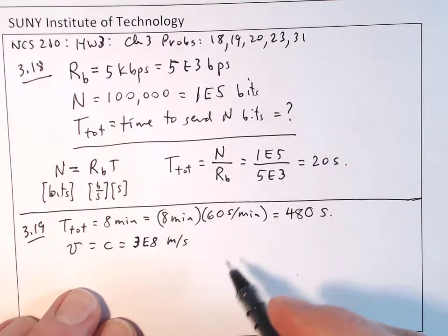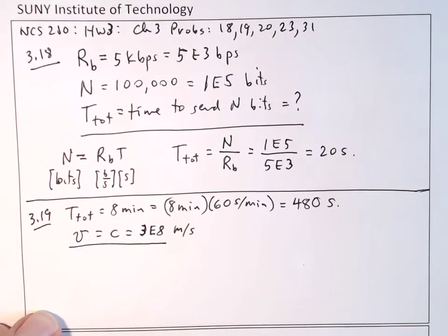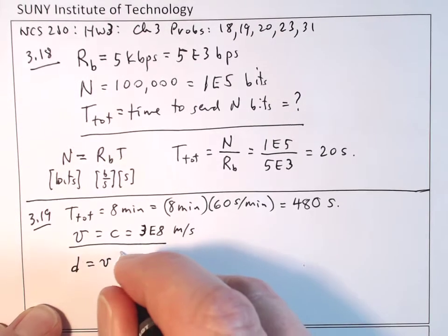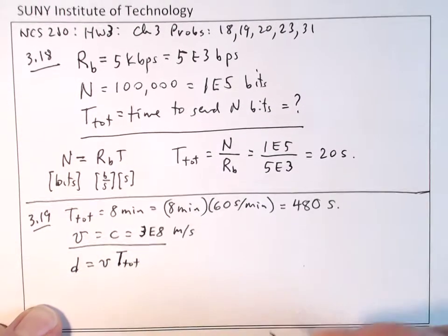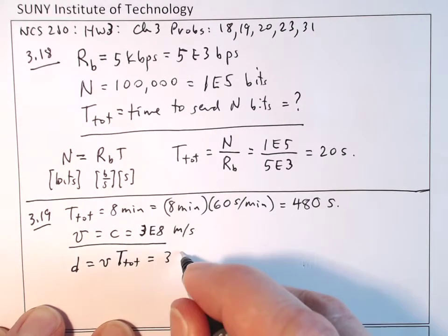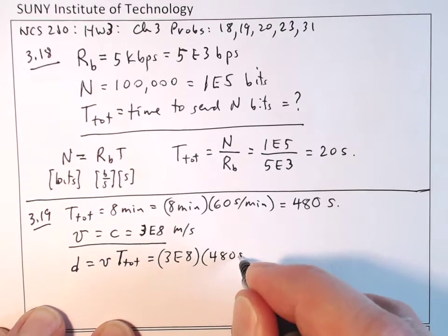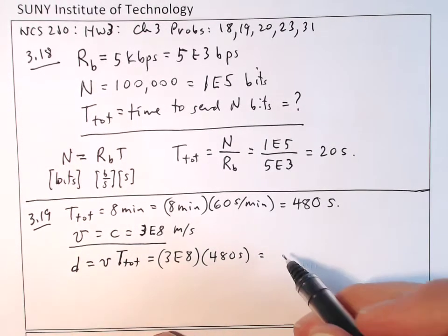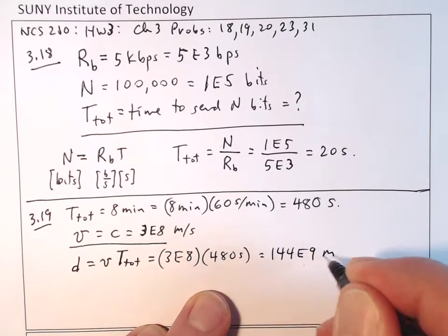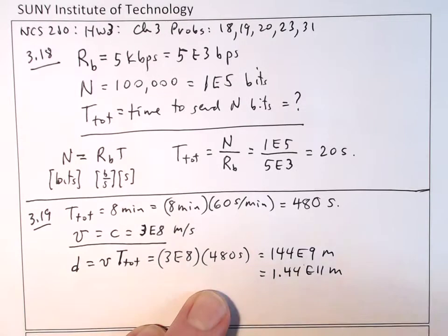This is the light in the vacuum, in the free space between the earth and the sun. And we know that the distance is the velocity times the time. So I just multiply these two numbers they give me: 3 times 10 to the 8th times 480 seconds is 144 times 10 to the 9th meters, or 1.44 times 10 to the 11th meters.